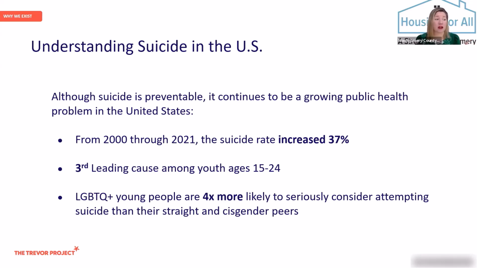It is the third leading cause of death among youth ages 15 to 24. And LGBTQIA plus people are 4 times more likely to seriously consider attempting suicide than their straight or cisgender peers. That means in the US, roughly 1.8 million LGBTQIA plus young people seriously consider attempting suicide each year.